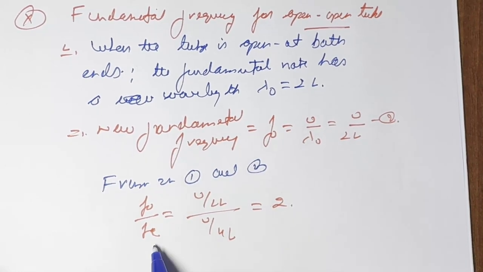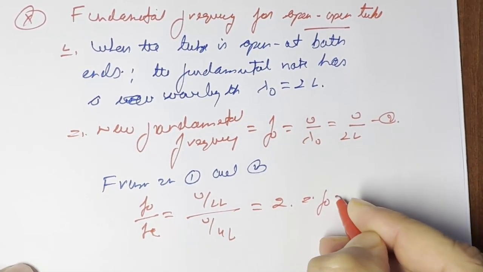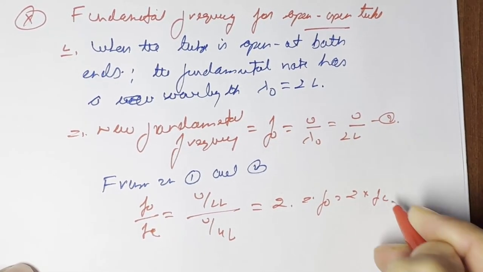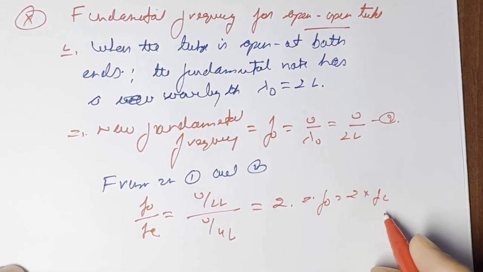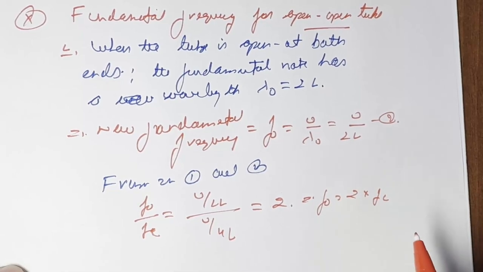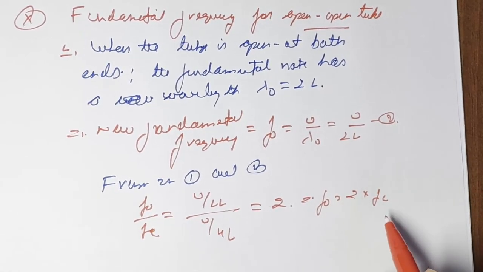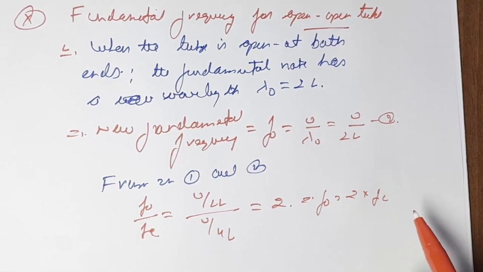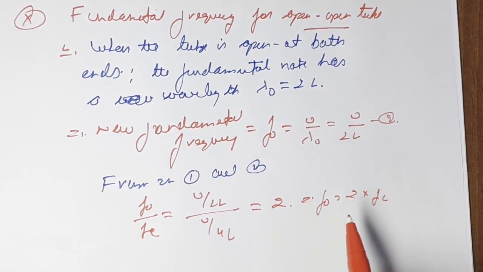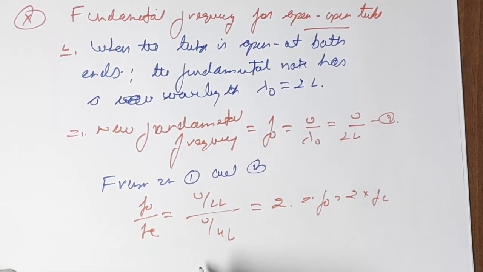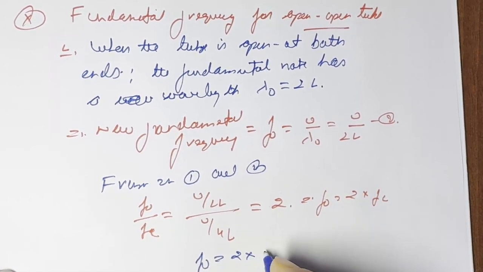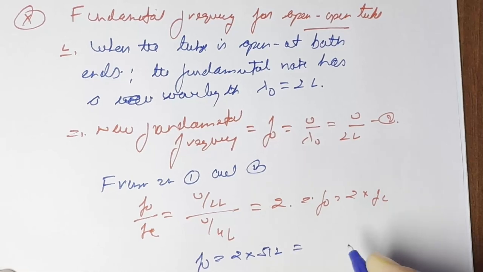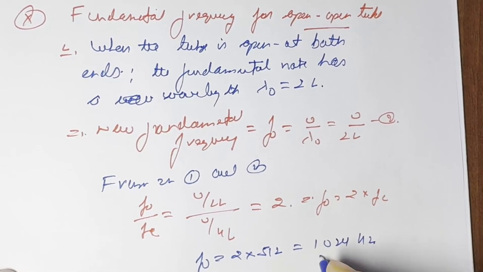From here we can say that our F naught will be equal to twice Fc, and the value of Fc is given as 512. Fc is the fundamental note frequency when the tube is open at one end and closed at the other end. So we substitute the value, we get F naught is equal to 2 into 512, and this gives us 1024 Hertz.